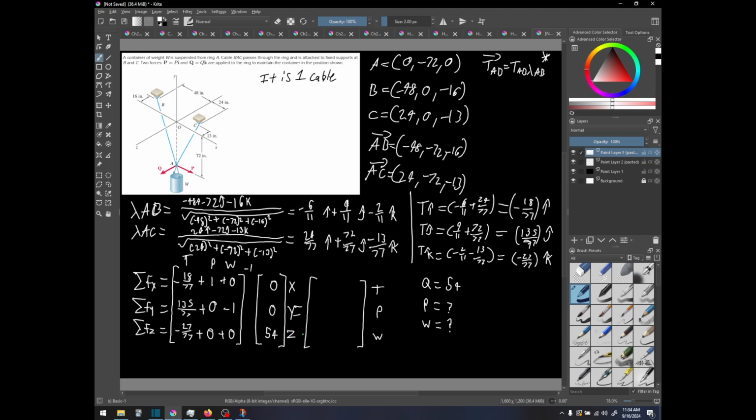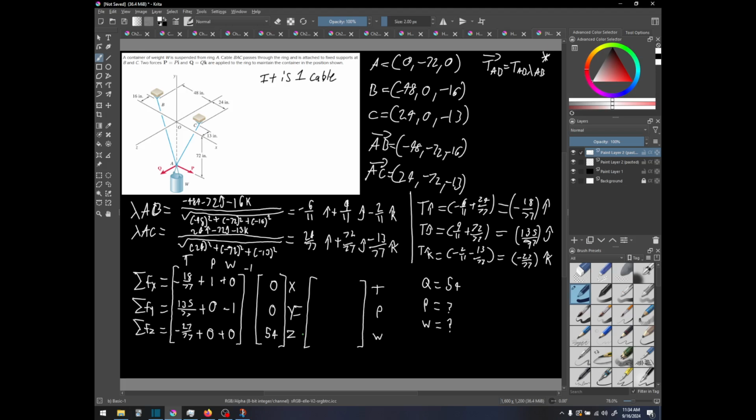Okay. So if I make this matrix now in the calculator, it's going to be a 3 by 3, I believe. And the first one is negative 18 over 77. Second one is 1. Third one is 0.